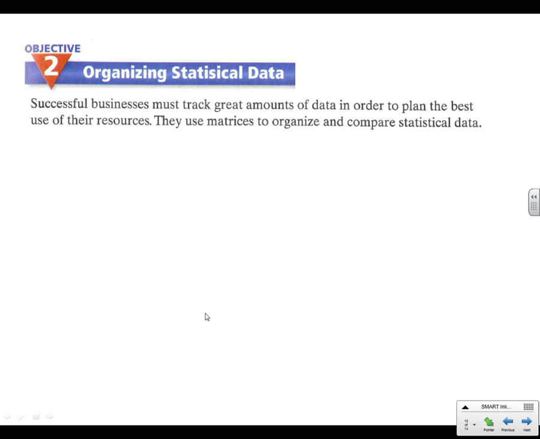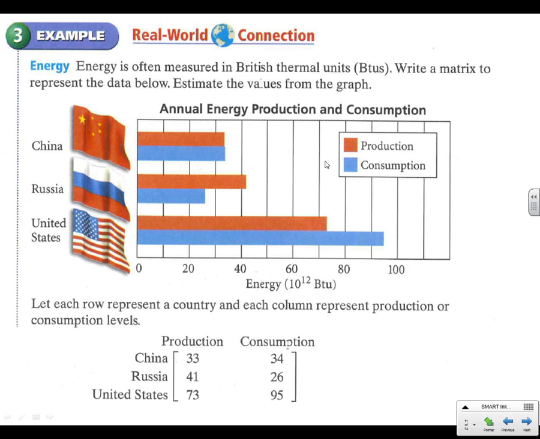Alright, so once we have matrices, we can take a bunch of random data and organize it nicely with our rectangular matrices. Here's an example. Energy is often measured in British thermal units, known as BTUs. We want to take all this information, this data, and rewrite it in a matrix. We're going to estimate the values. There are two things going on here: production and consumption.